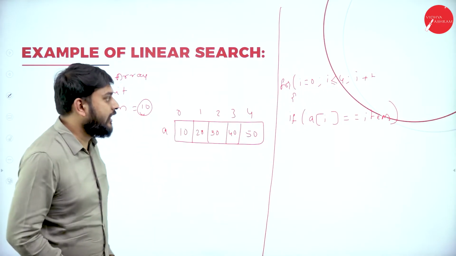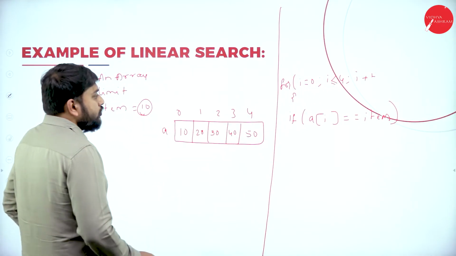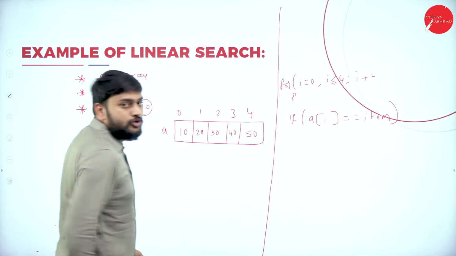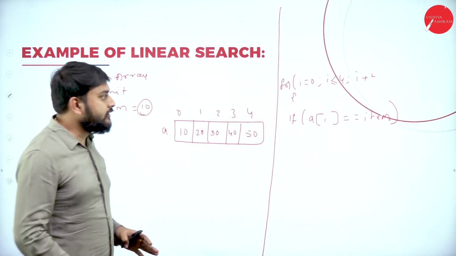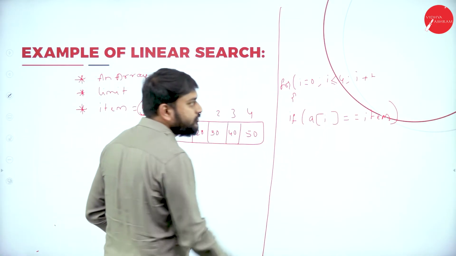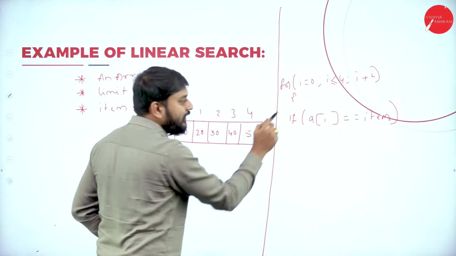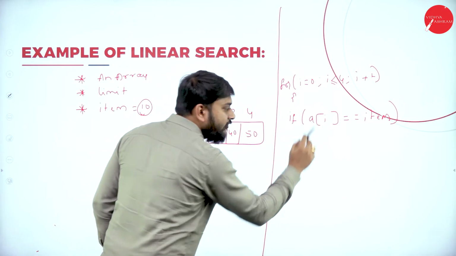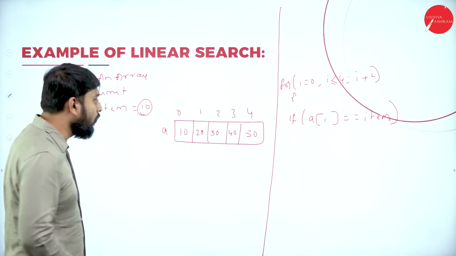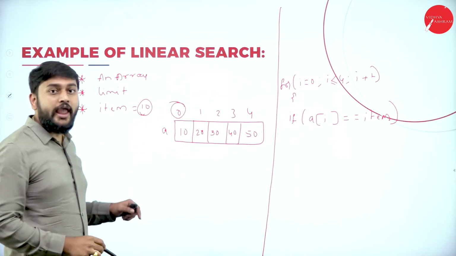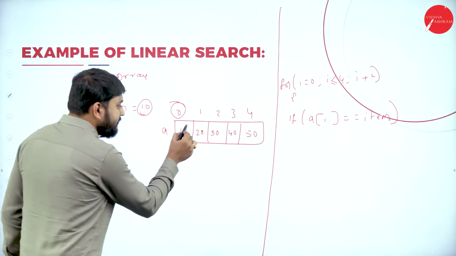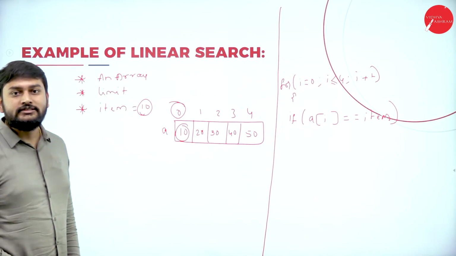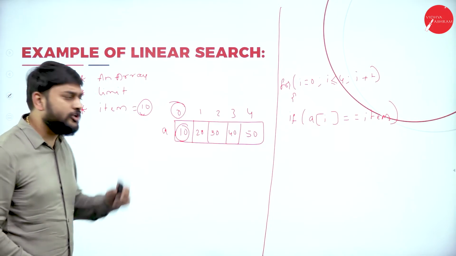So let me explain that clearly. Listen to me now. So fine, I is equal to 0 right now, and it will check the condition is true, and then after that it will come inside. A of I, in the sense, what is I value? I value is 0. A of I in the sense 10. I value is 0. A of 0 in the sense what?